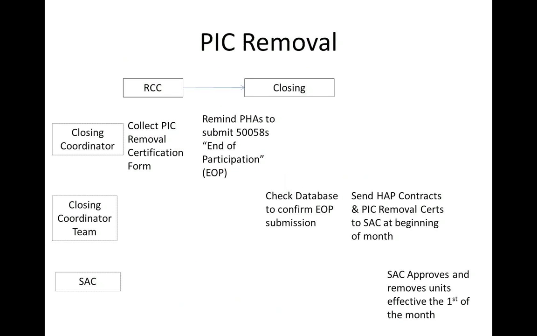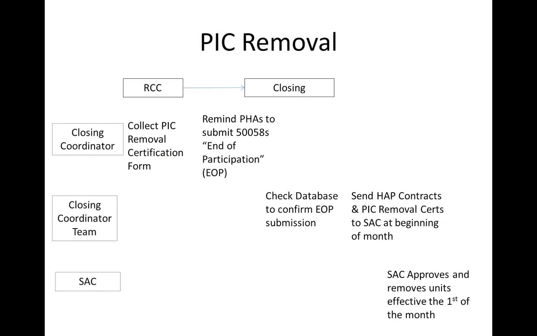Okay, so we talked through the PIC certification form a little bit, and then lastly, and this is really where the role of Bev's team comes in, and there are still some moving pieces here that we can tinker around with, but the general idea is closing coordinators collect this PIC removal certification form.